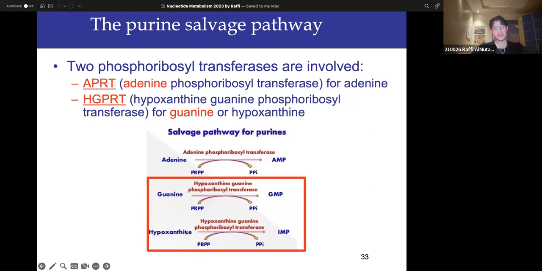For guanine and hypoxanthine, they both require PRPP and HGPRT, which will convert them into their respective nucleotides, GMP and IMP. So APRT makes AMP, and HGPRT, if it's converting guanine, will make GMP, and if it's converting hypoxanthine, will make IMP.